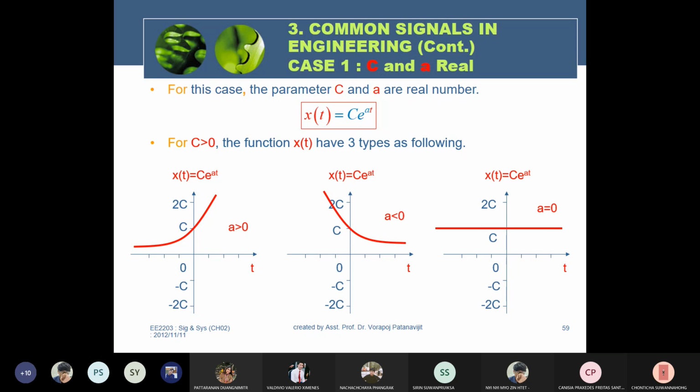Therefore, in this case, x(t) equals C. If A is negative, for example e^(-2t), it is a decaying exponential. This is the signal you can find from the oscilloscope or from the simulation program.